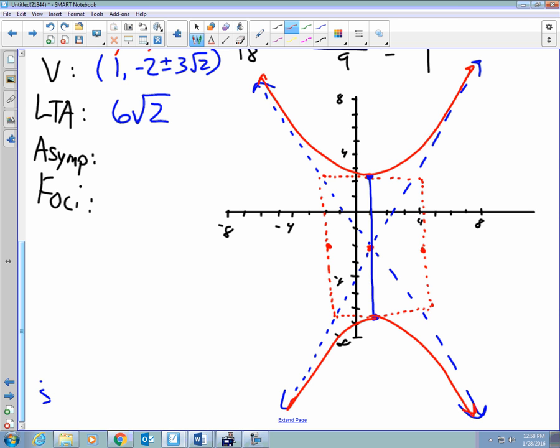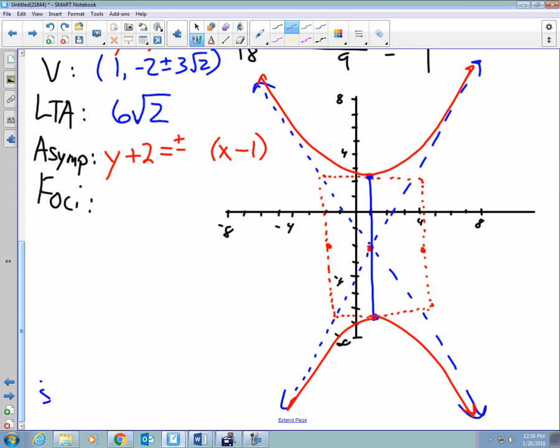We're almost done. y minus, what's the y value of the vertex? Negative 2, right? So it'll be y plus 2 is equal to x minus, what's the x value of the vertex? 1. I'm saying vertex, I mean center, I'm sorry. And then plus or minus the slope. Look at your box.